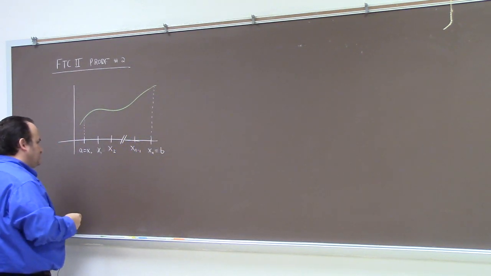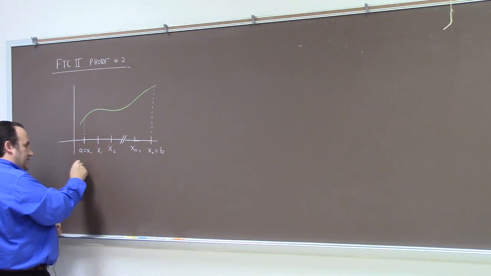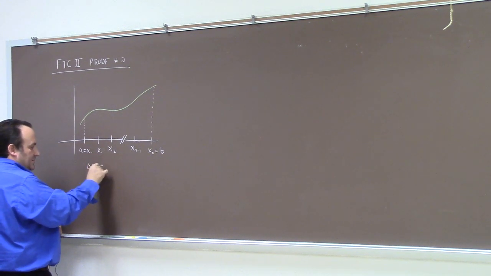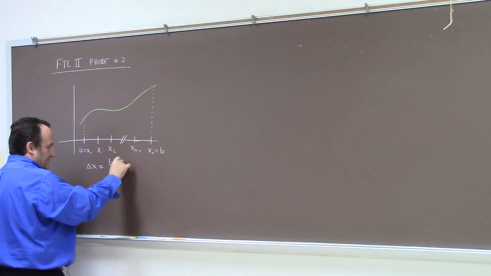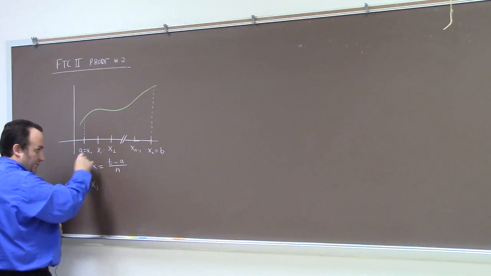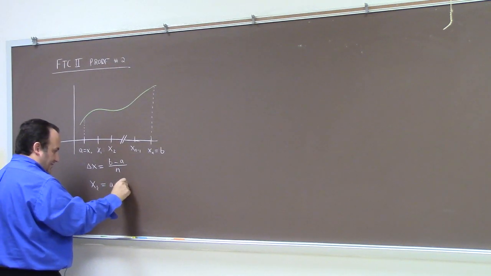And our goal, of course I should remind, delta x is b minus a over n, and the ith point up here is defined by a plus i times delta x, right?